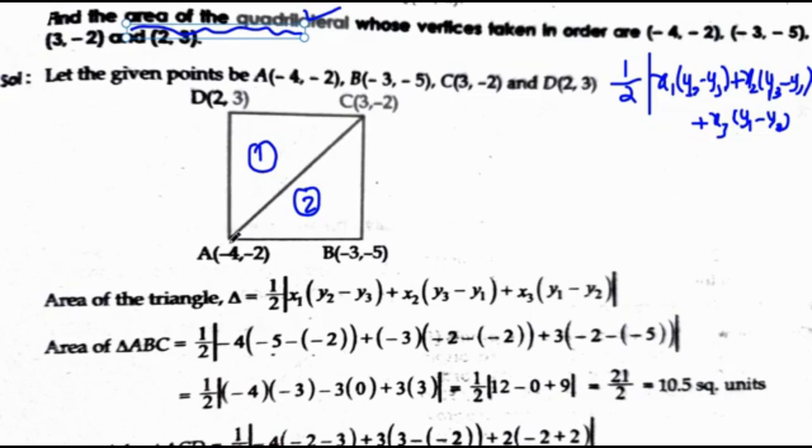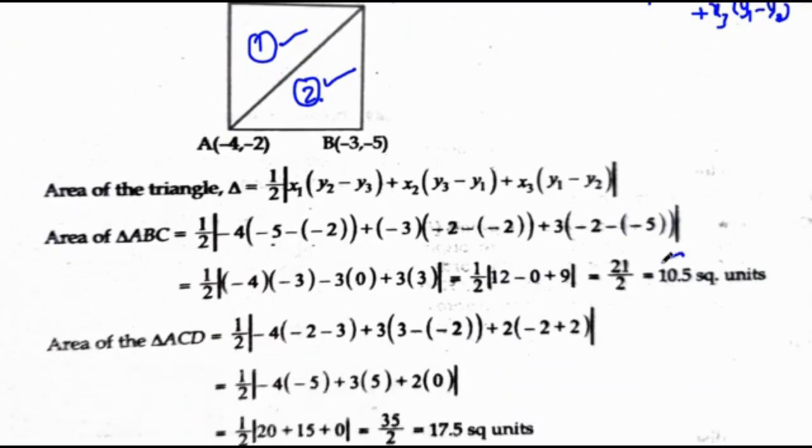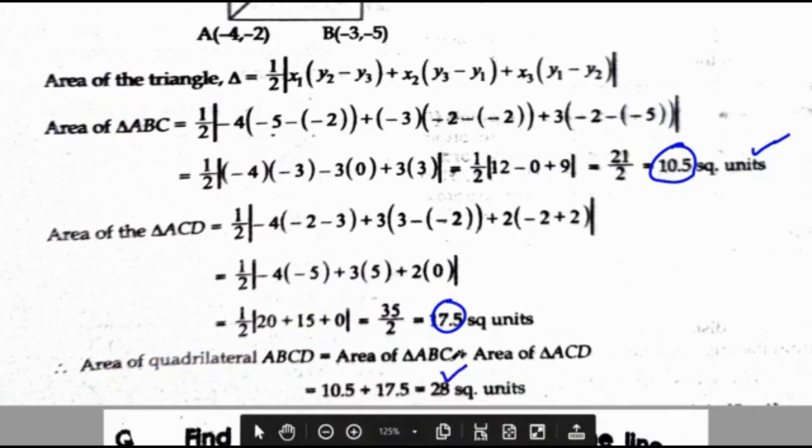Find the area of triangle ADC, which is one answer, and the area of ABC is another. Adding these two answers gives the area of the quadrilateral. Triangle ADC is 10.5 square units and the other is 17.5 square units. Adding these gives the area of the quadrilateral, 28 square units.